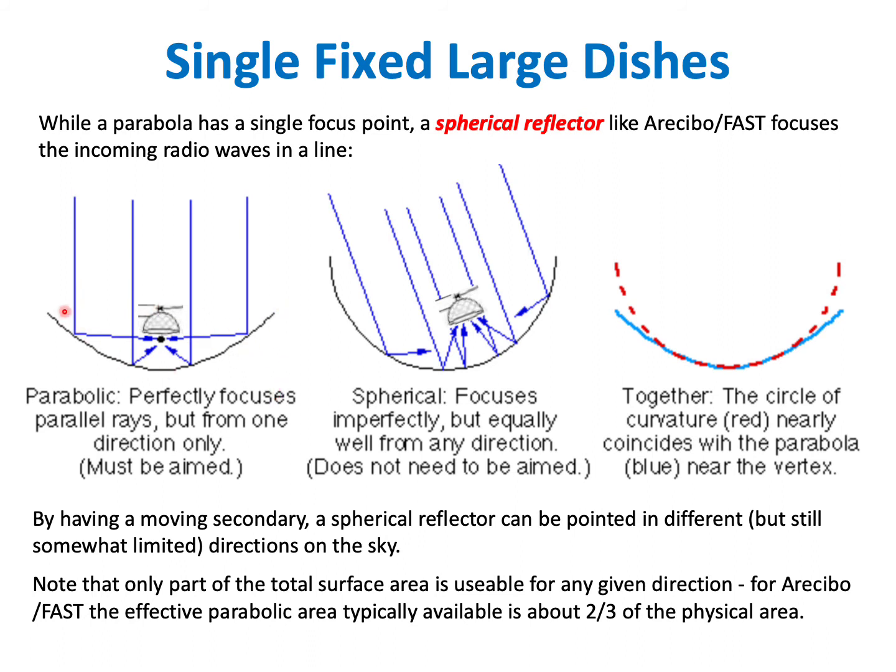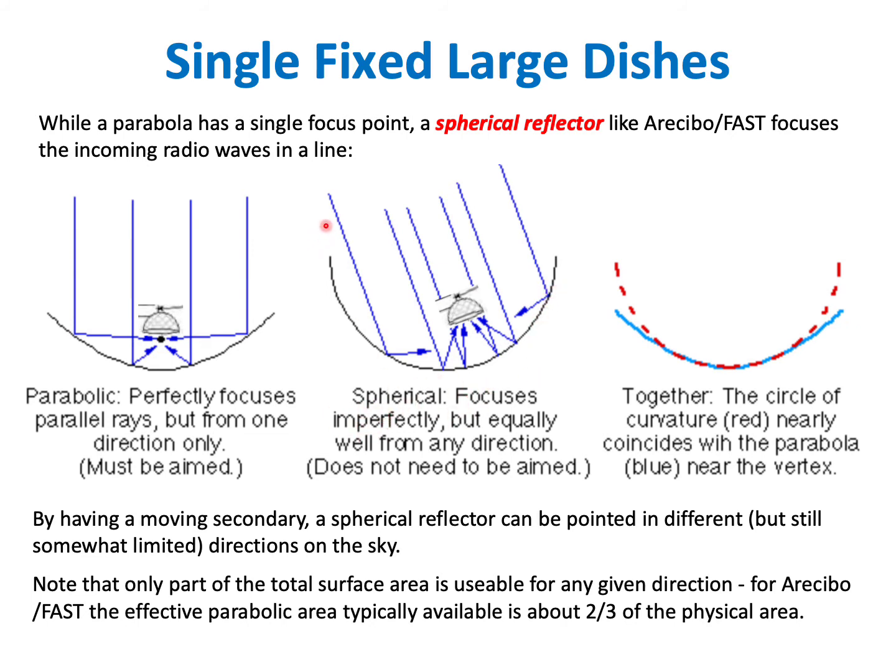But if our dish is fixed, we can't really point it. So we need something that responds well in all directions. So it turns out that is a spherical surface. Pretty much from any direction it works equally well, but it doesn't focus perfectly.